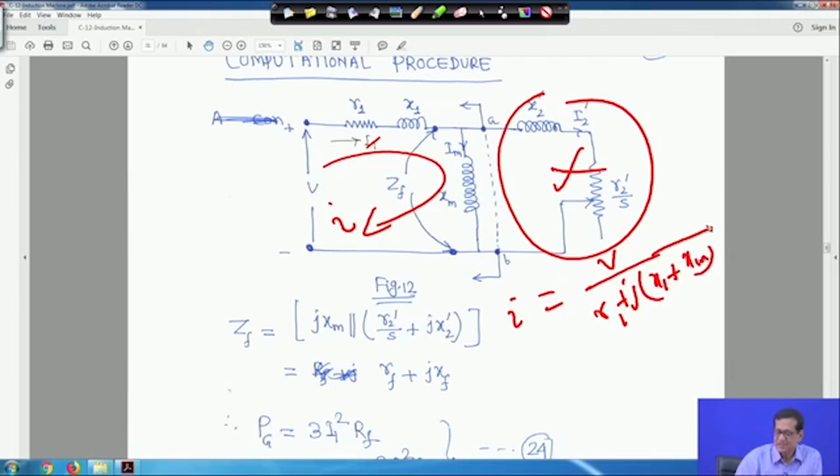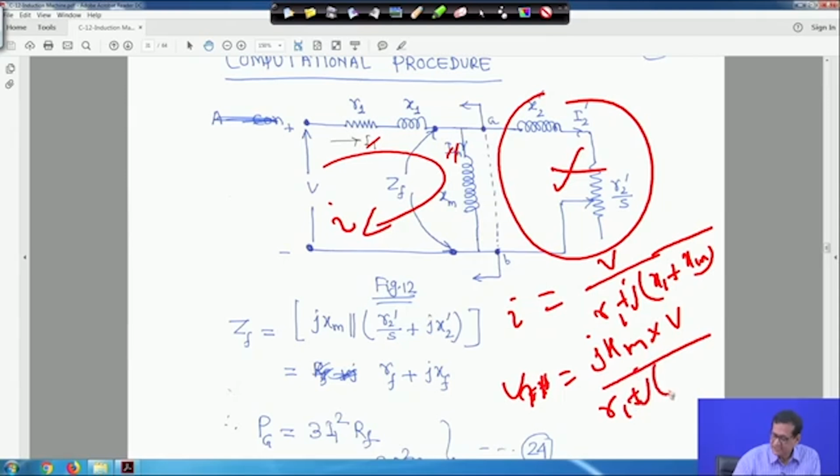This is my I. Therefore V Thevenin or VAB is across this jXm. Forget about the other part, only this series part is considered. So my V Thevenin is equal to the reactance Xm into I, that means into V divided by R1 plus j(X1 plus Xm).